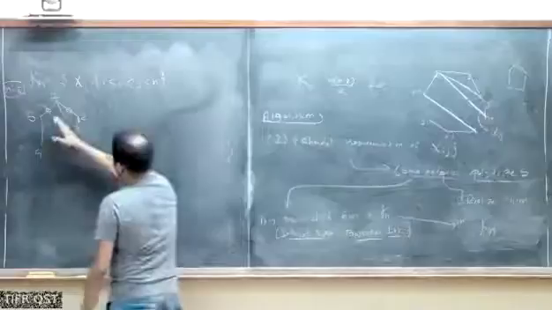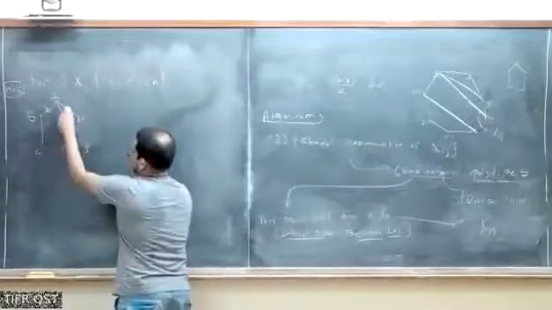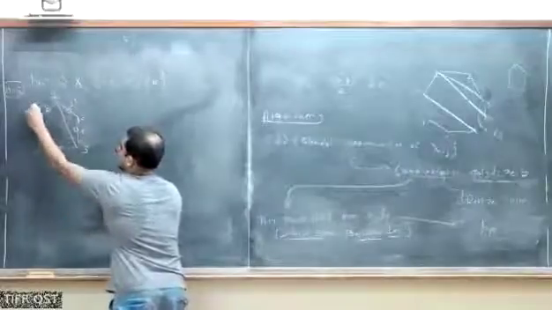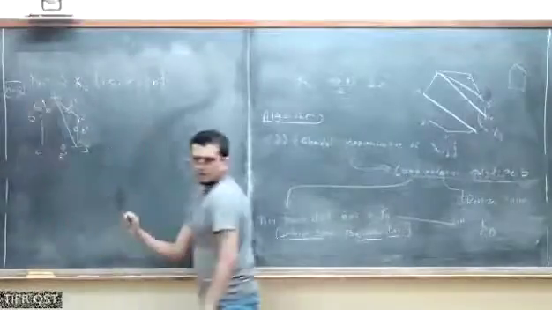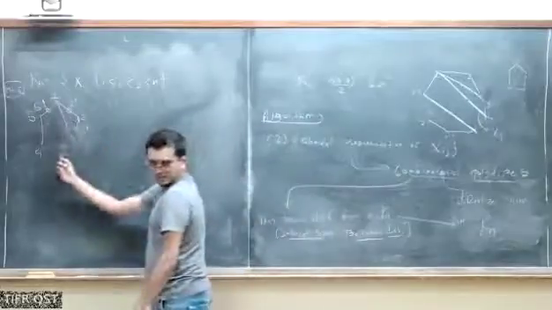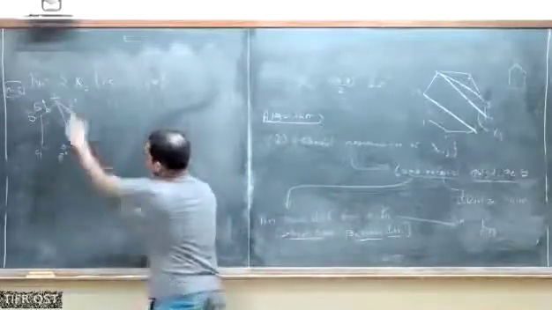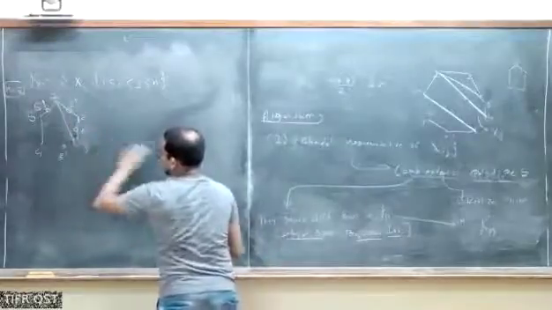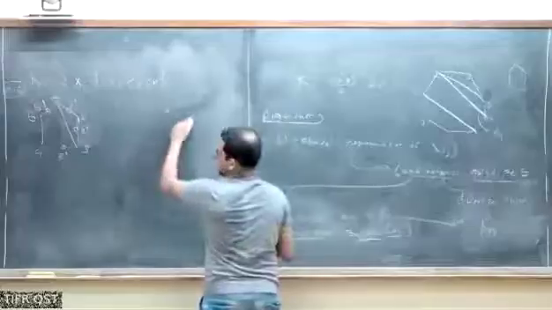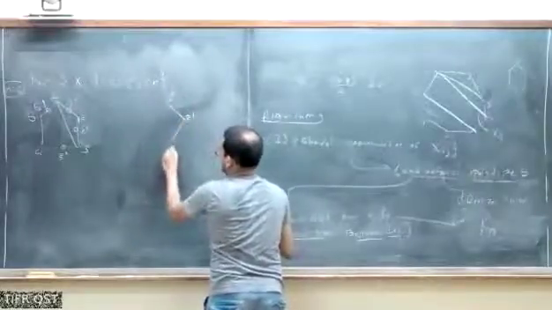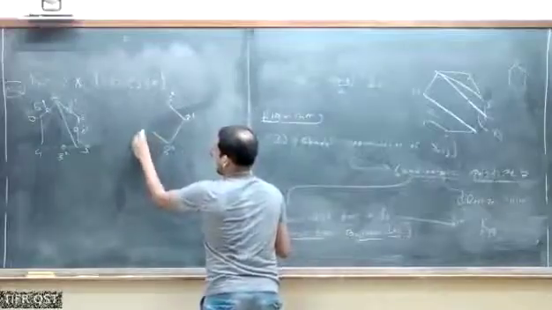Now let me label these vertices as 1 prime, 2 prime, 3 prime, and 5 prime. Now let us see what are the chords which I can build out of this. These 1 prime, 2 prime, 3 prime, and 5 prime themselves give us, let me represent it like this, 5 prime.